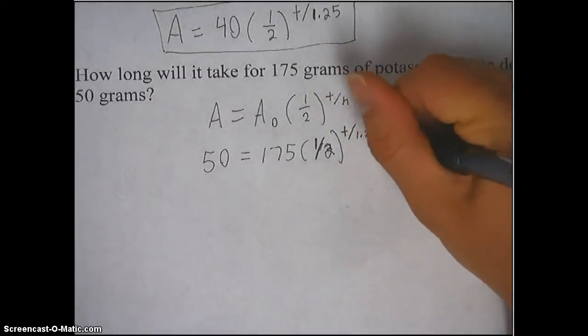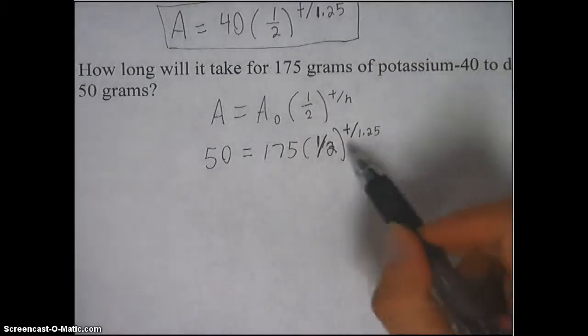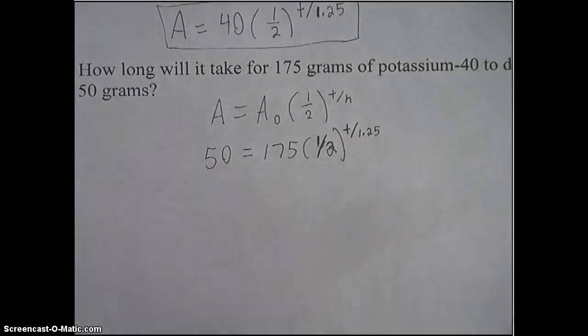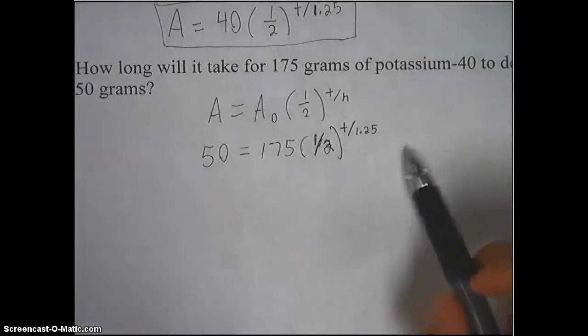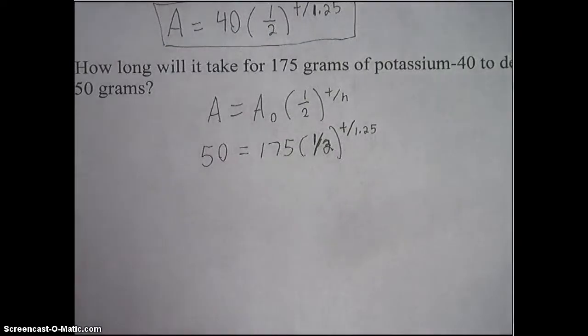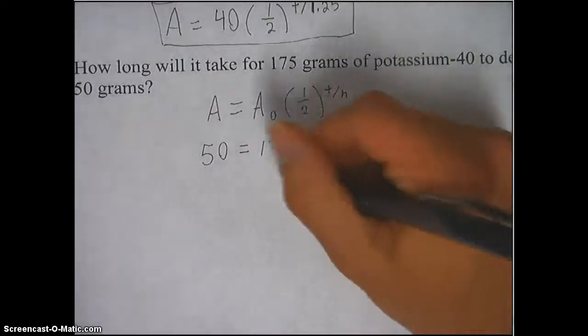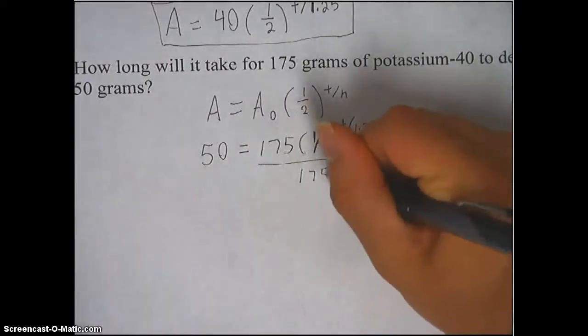And again, I'm going to use a 1.25 there, keeping in mind that my answer t is going to be in billions of years. It's going to spit out a number, but I'm going to have to write billions of years. Otherwise, if you just kept this in years, you'd have to write out 1.25 billion, which is a long number that I don't want to write. So the first step here to get this t by itself is to divide by 175 on both sides.